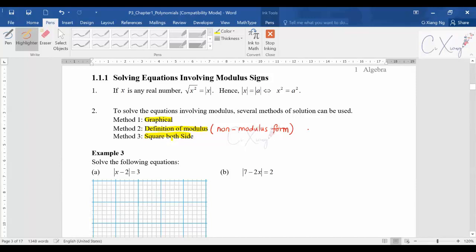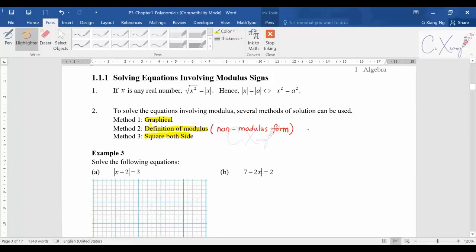In today's video, I'm going to discuss all three methods, and after that, I will tell you which method I usually use in the exam. To me, it's the easiest one. But for discussion and understanding purposes, I will still show you all the methods.